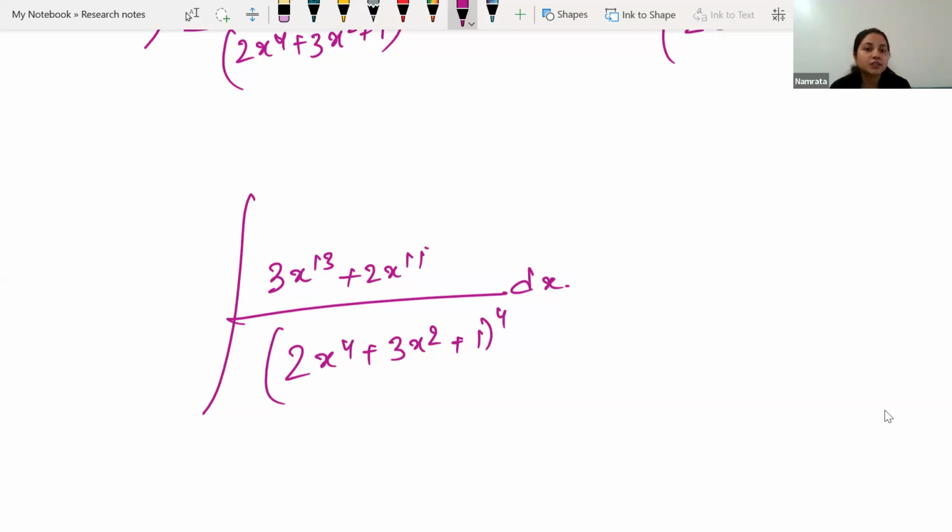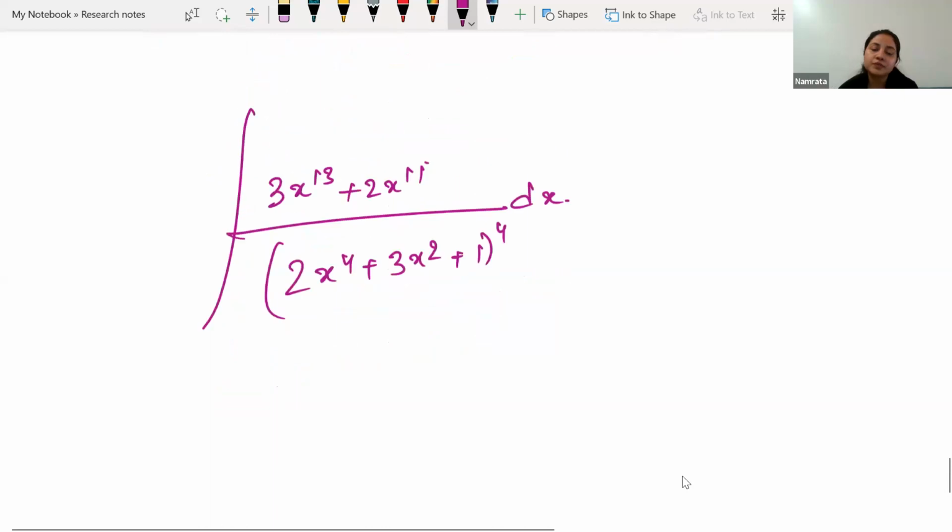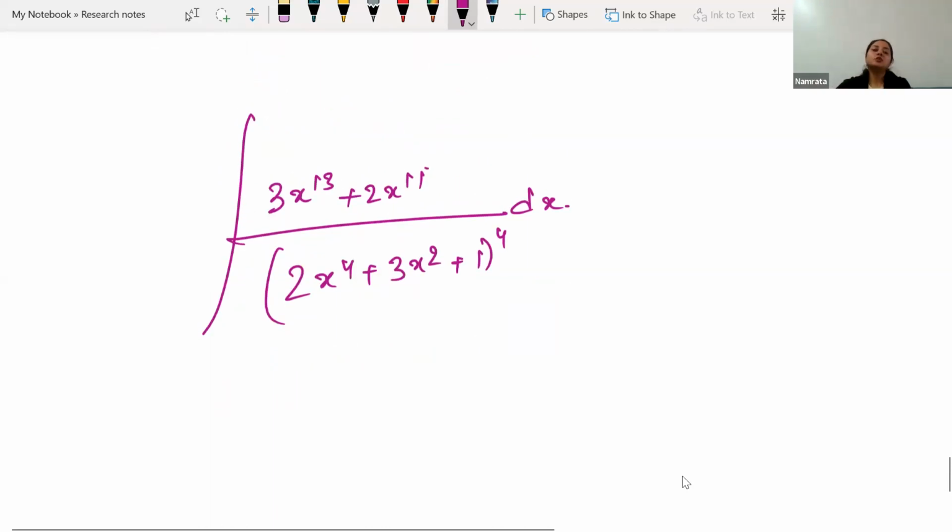So what can be the possible arrangement? In the previous one, we tried 1 by x square, and that gave us minus 2 by x cube, right? Here we can see x is there in the numerator, x is there in the denominator also. So let's take x common and cancel out as much x as possible.